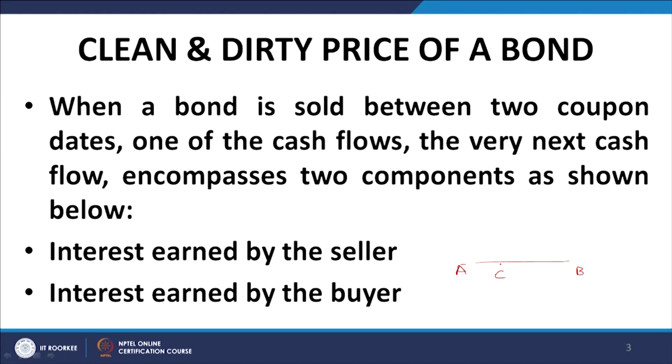So, it is very clear that because the party X who is selling the bond has held the bond for a part of this coupon period, part of the period AB, that is the period AC, he should be allowed the interest for that particular period.